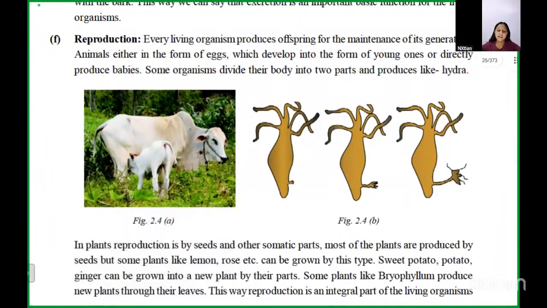Then the next is reproduction. Reproduction means giving birth to a new organism, giving birth to a new species. This takes place in every living organism, that they give birth to their baby, their offspring, so that the generation keeps going on.